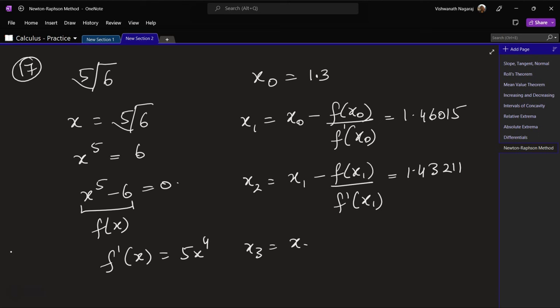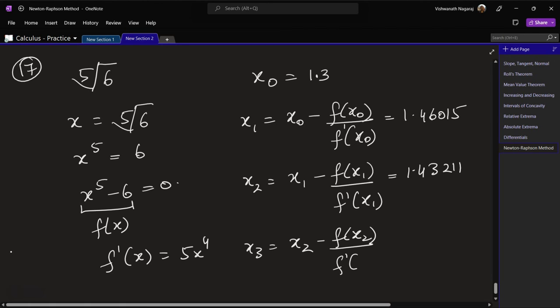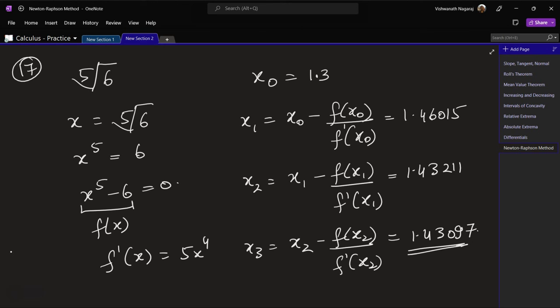X3 is equal to x2 minus f of x2 by f prime of x2, which gives us 1.43097. So this is our fifth root of 6.